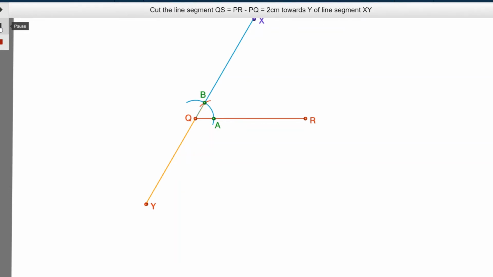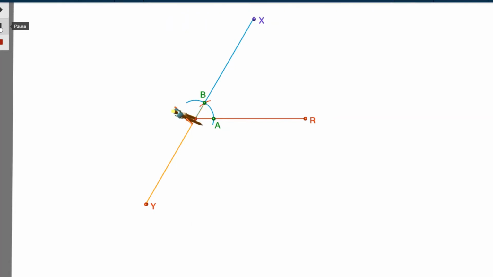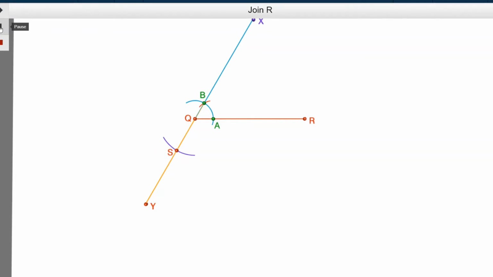So extend it to point Y and on QY cut PR minus PQ, that is 2 cm. Name it as S, so QS is 2 cm. Now join SR.